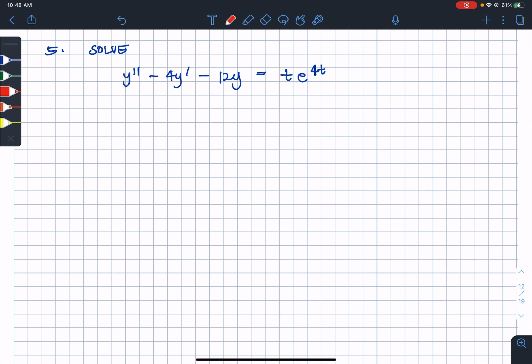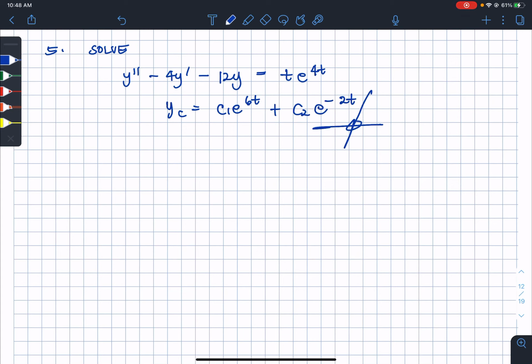Okay, let's have another one. I guess we have the same. So our y of c here is the same: c1 e raised to 6t plus c2 e raised to negative 2t.